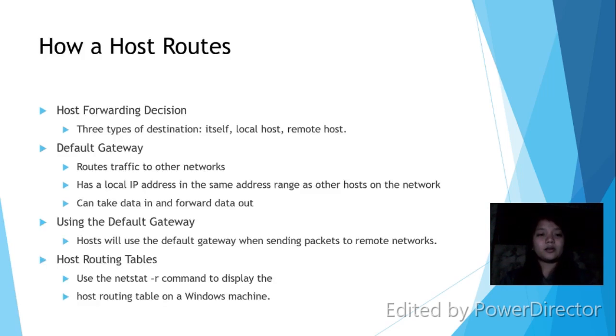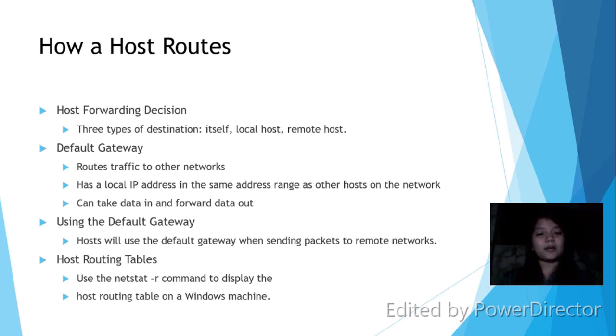How a host routes. Host forwarding decision. There are three types of destination: itself, the local host, and the remote host. The default gateway routes traffic to other networks. For example, our PC is connected to the router, so the default gateway we use in our PC will be the IP address of that router.